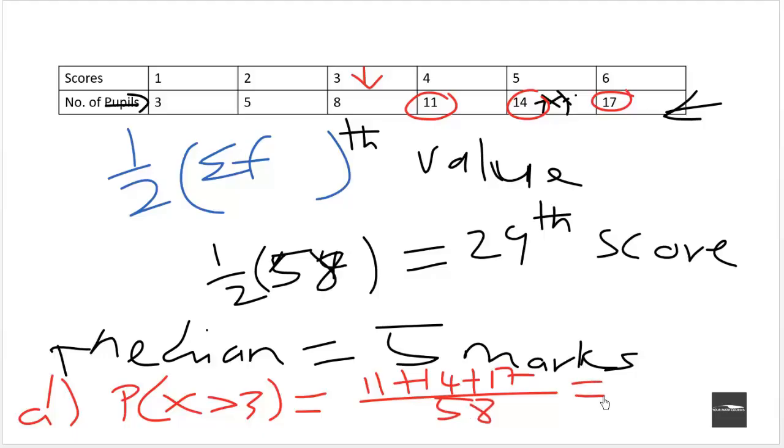And that will give us 42 over 58, or 21 over 29.